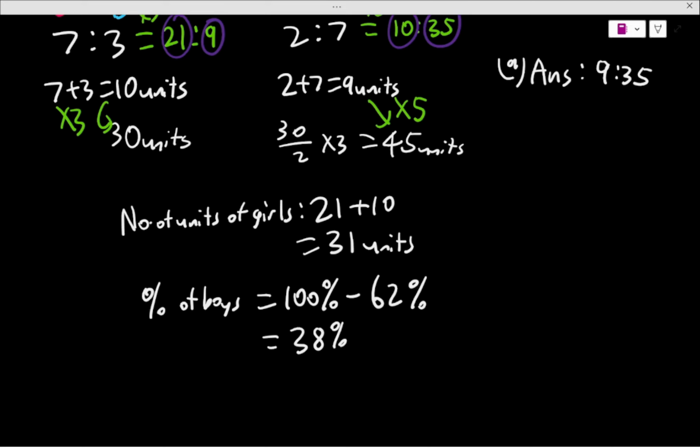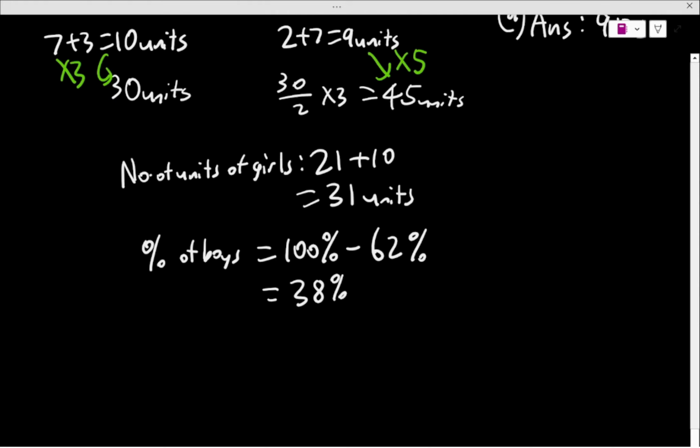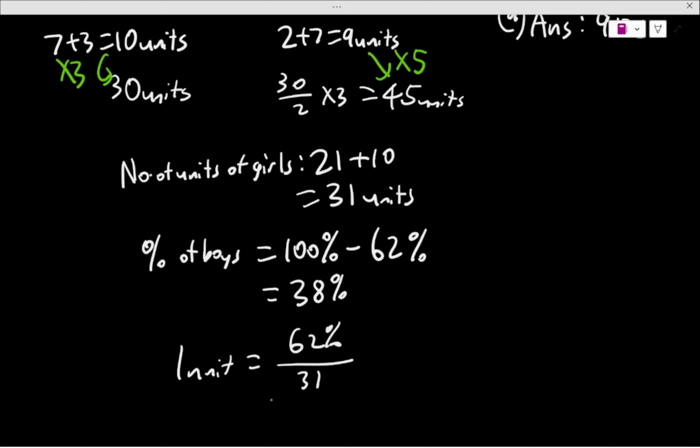Now what? Well, we know that 62% is 31 units. So that means that one unit is going to be 62% divided by 31, which is 2%.